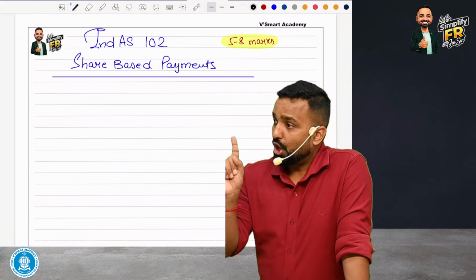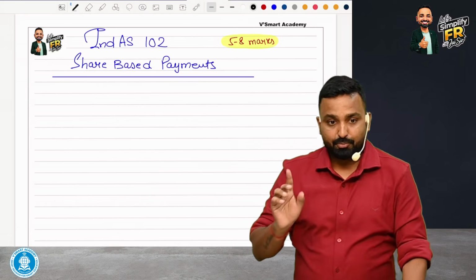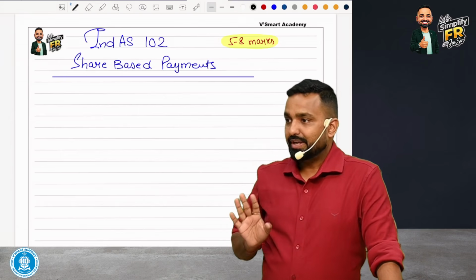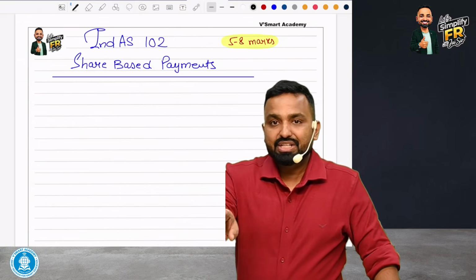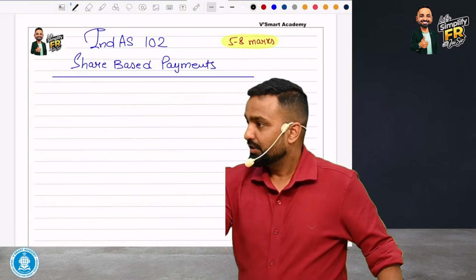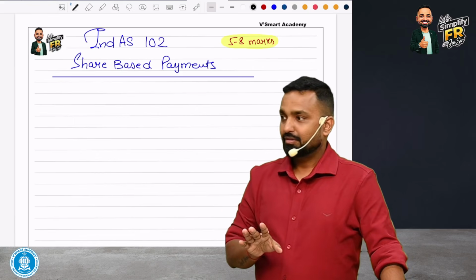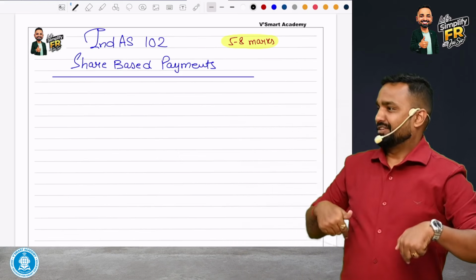If I am not making any payment directly in the form of shares, suppose they are my employees and I told them, after your continuous 3 years of service, I will not give you shares, I will give you cash. But that cash value will be derived from the value of my share.